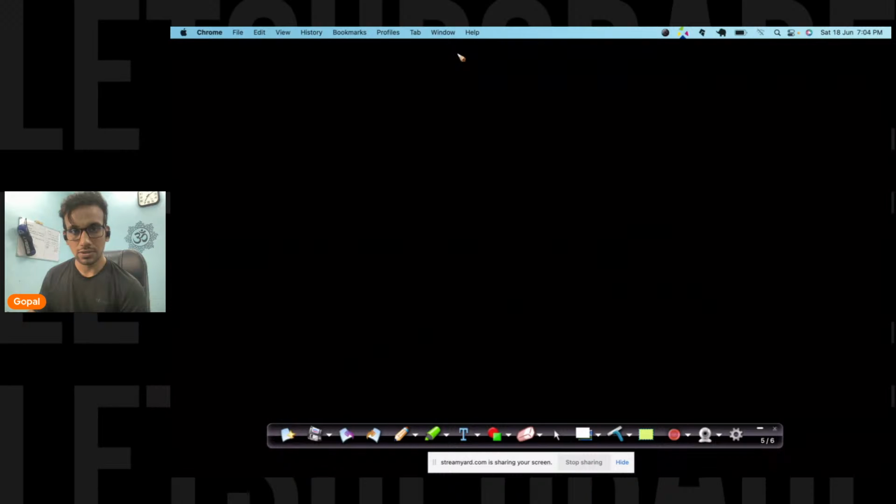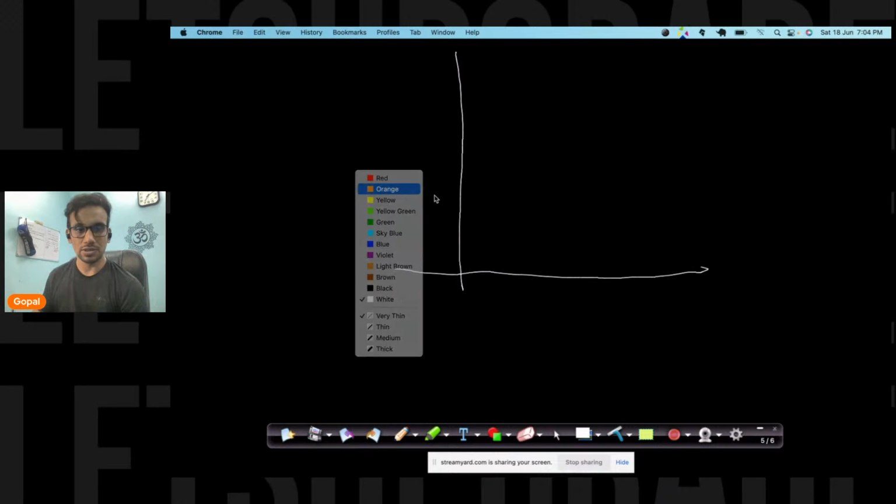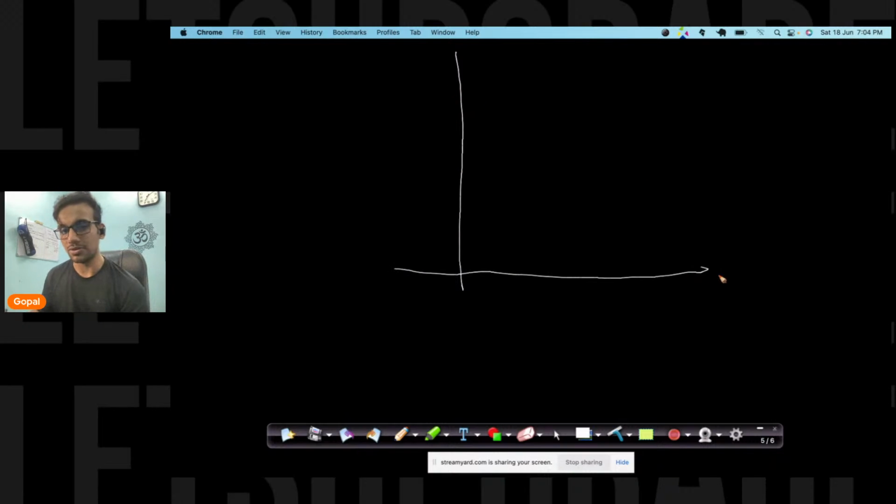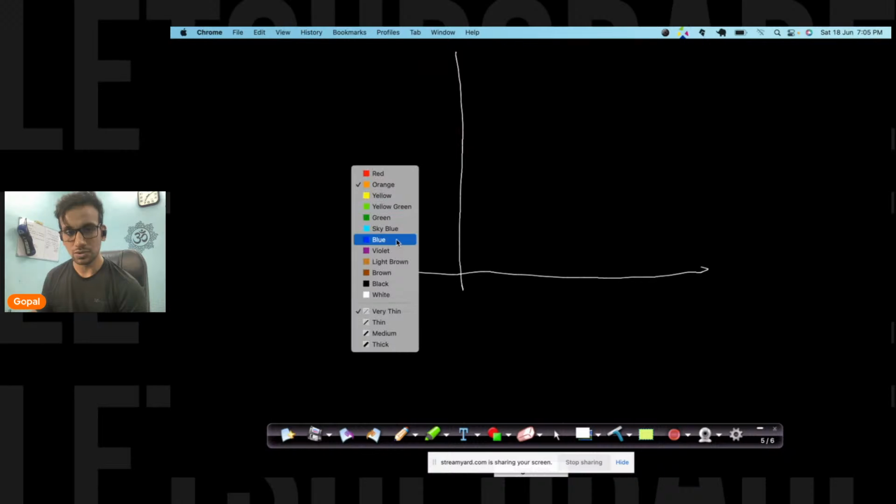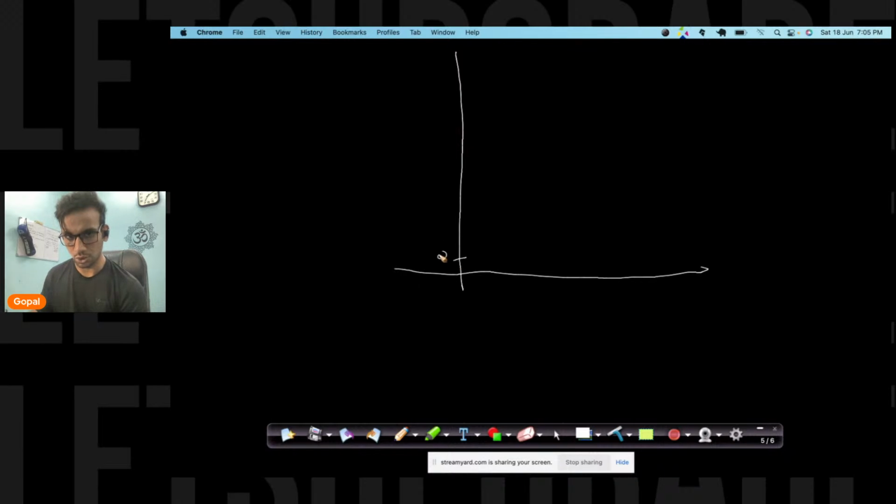Let's see. So we've got this here. Your CDF can literally be on either of those axes, but I am going with the Y axis here. So your CDF will vary from 0 to 1 only. Let me plot this out here.